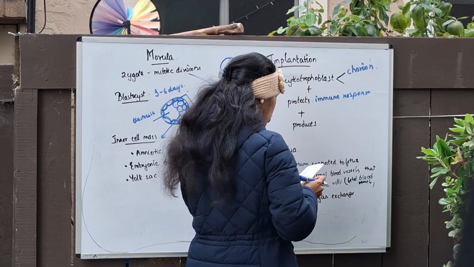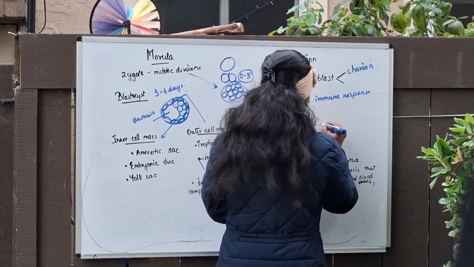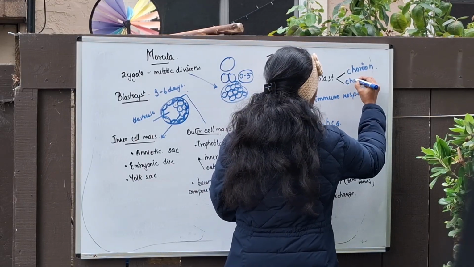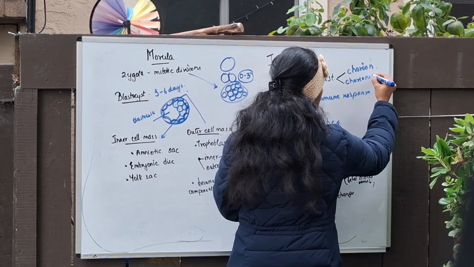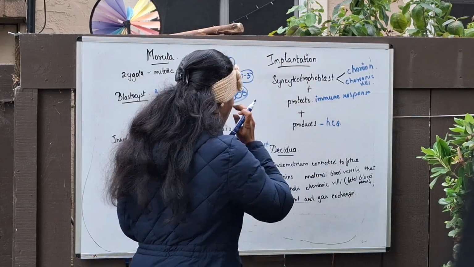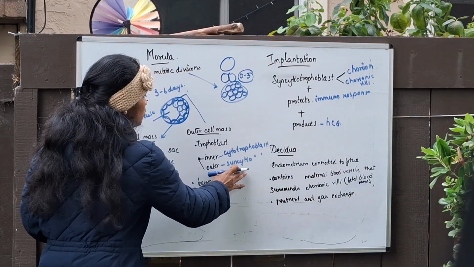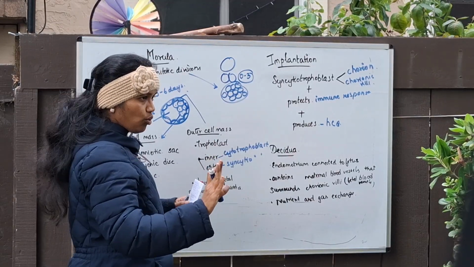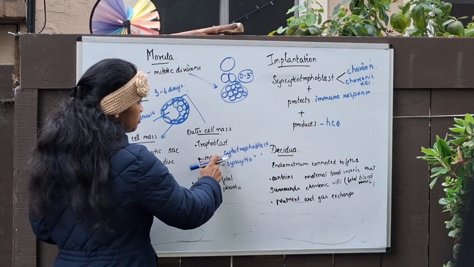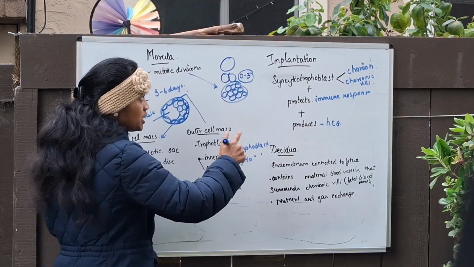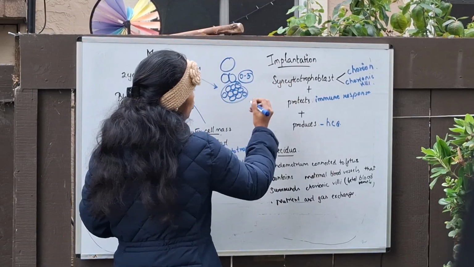And it also produces HCG. The chorionic villi is also produced by the syncytiotrophoblast. The syncytiotrophoblast is the one which is present in the outer trophoblast, and the cytotrophoblast is the inner one. The outer, that is the syncytiotrophoblast, will be forming the chorion as well as the chorionic villi.